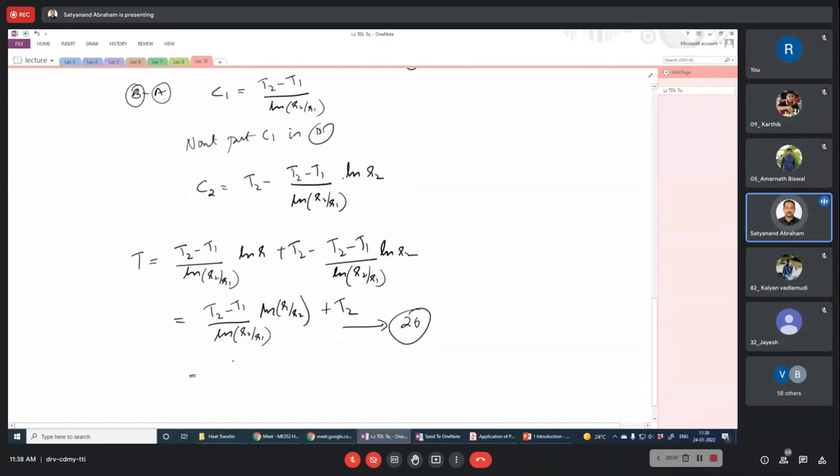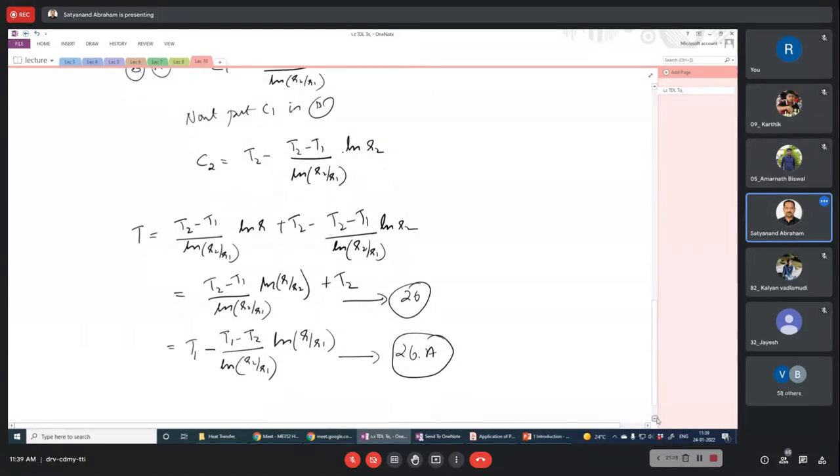We will get in that case T1 minus T2 divided by ln R2 by R1 into ln R by R1, plus T1. You can try that. We can call it 16A.